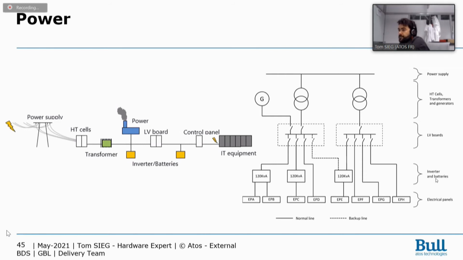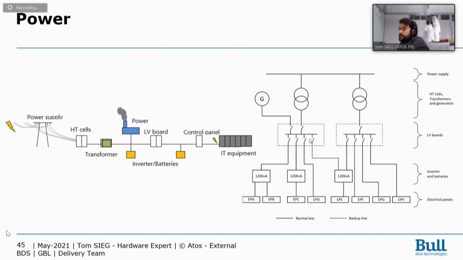Inverter and battery. In all the cases, you will have to stabilize your tension, your electricity, but you also have to stabilize in case of power supply shorts. So battery will help you to provide electricity even if you lose your main power supply.